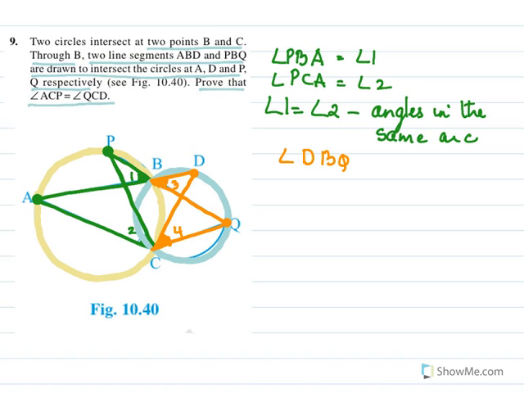Now angle DBQ is this, angle 3. And then angle 4 is DCQ. Let's just mark that. DCQ. This is angle 4. And angle 3 equal to angle 4. Angles in the same arc.